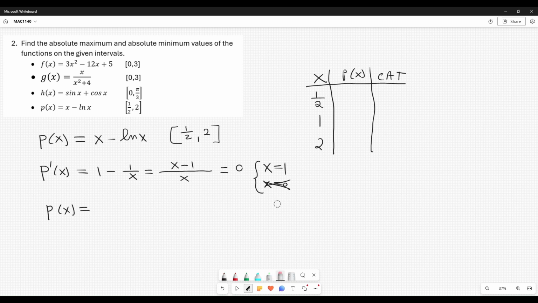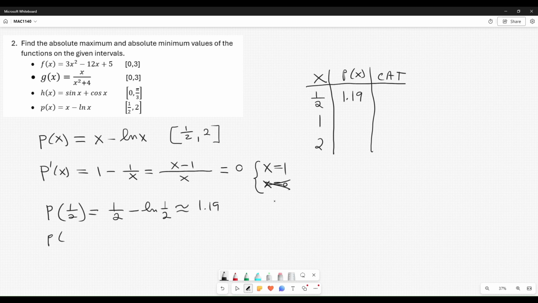Okay, look. P evaluated at 1/2 is 1/2 minus logarithm of 1/2. This is approximately 1.19.